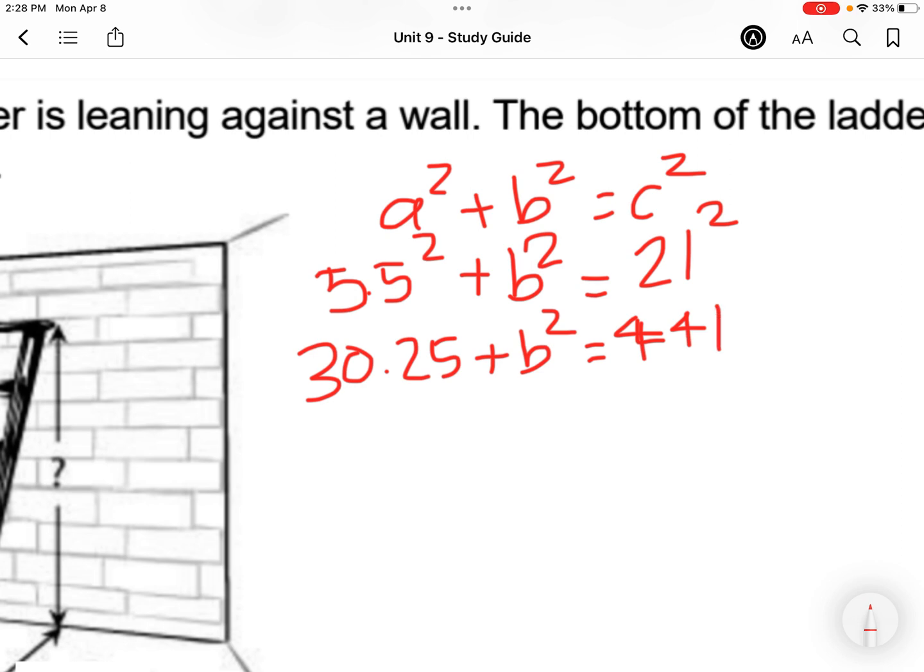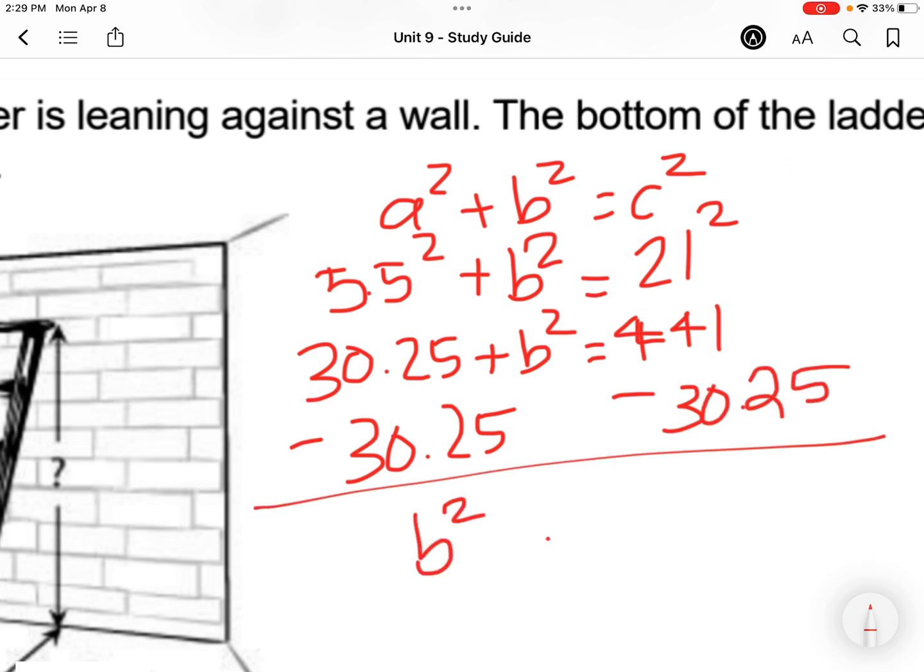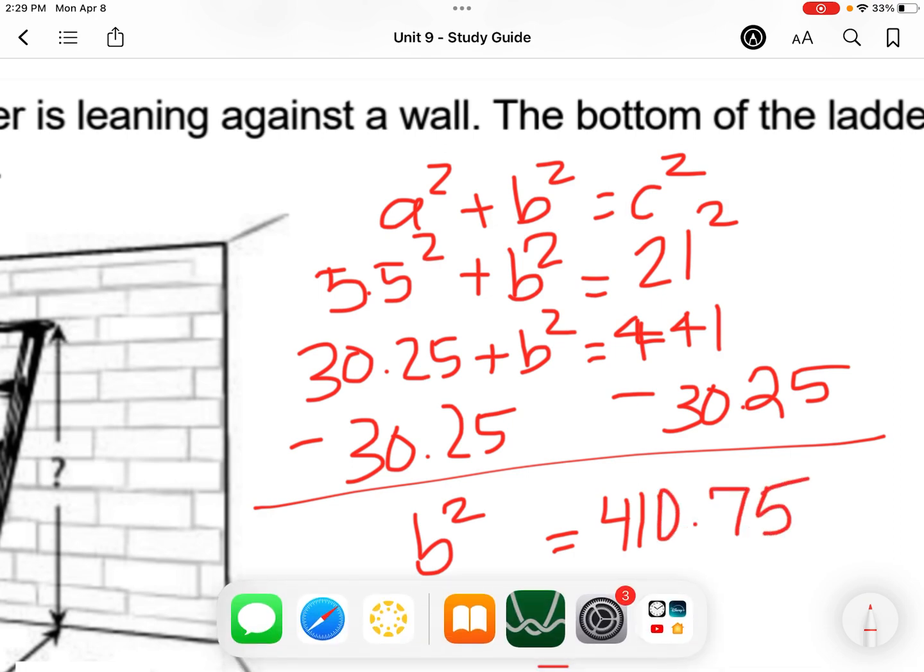Then I'm going to subtract on each side. So b squared equals 410.75. So then I'm going to square root it.